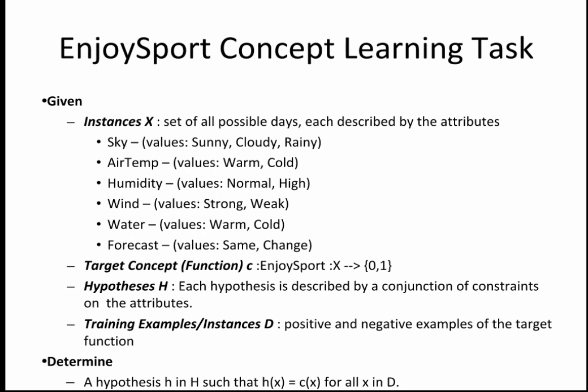Similarly, for air temp also these 2 values plus 1 question mark and 0 are possible. So if we look at the domains of all these attributes, we could have a number of combinations possible with these values. How many combinations are possible and how many are of our interest, let us see.